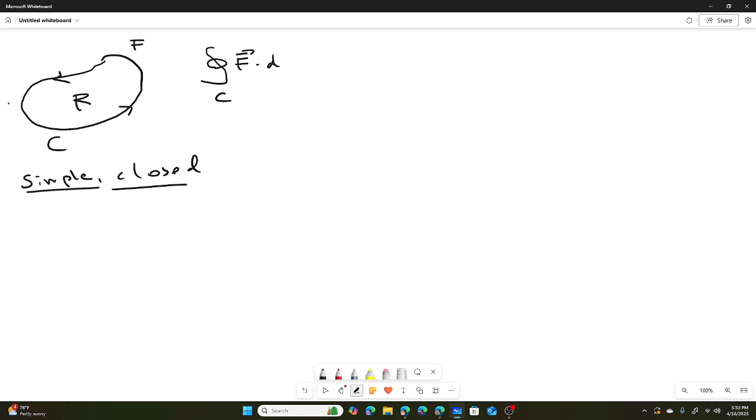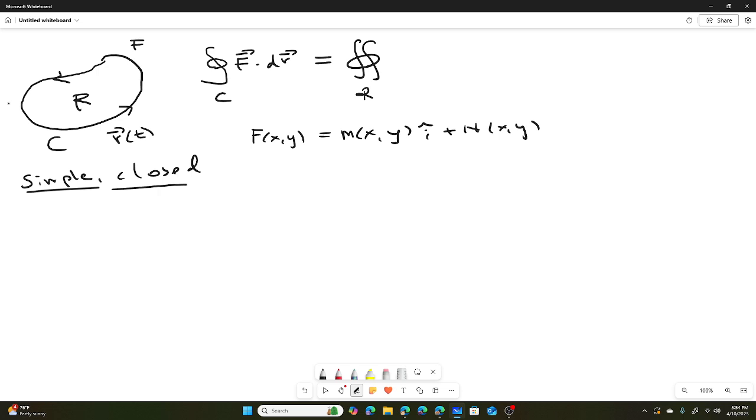And suppose that the curve is described by a function R. Then it's equal to the region enclosed, defined by R. And by the way, let's assume that this vector field is describable by M(x, y) i plus N(x, y) j.